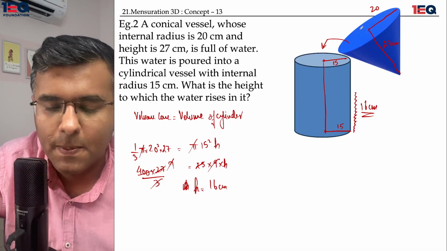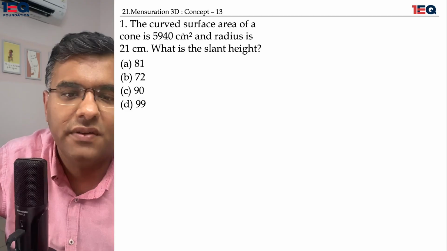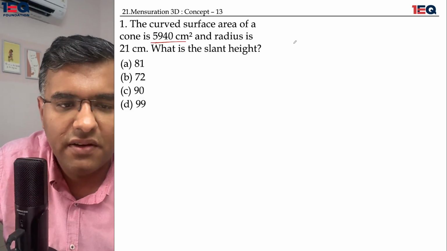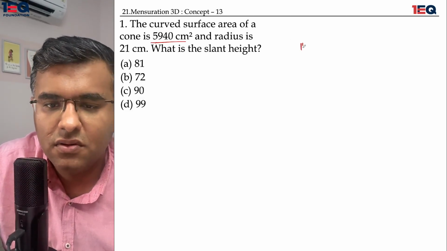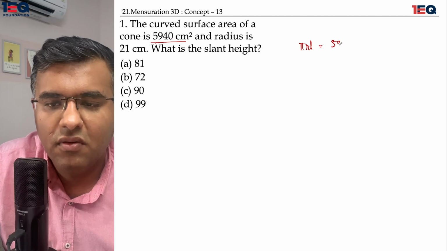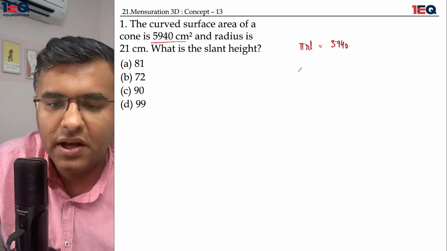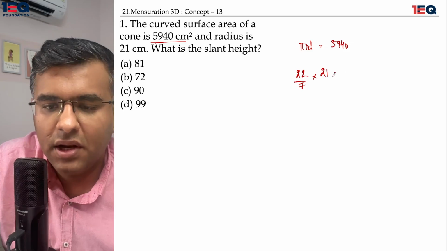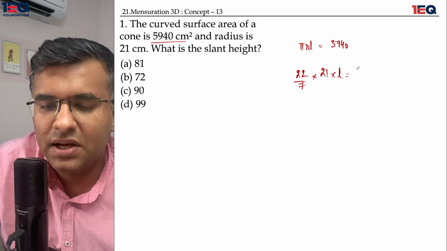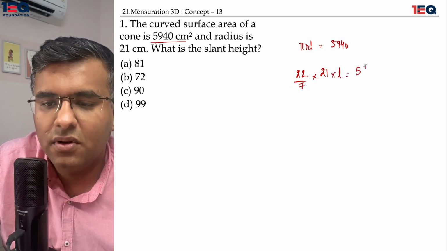Okay, let's go ahead. The curved surface area of a cone is 5940. So I have pi RL being equal to 5940. The radius is 21. We already have the radius, 22 by 7 into 21, and a simple question of slant height has been asked. This L I need to find out.